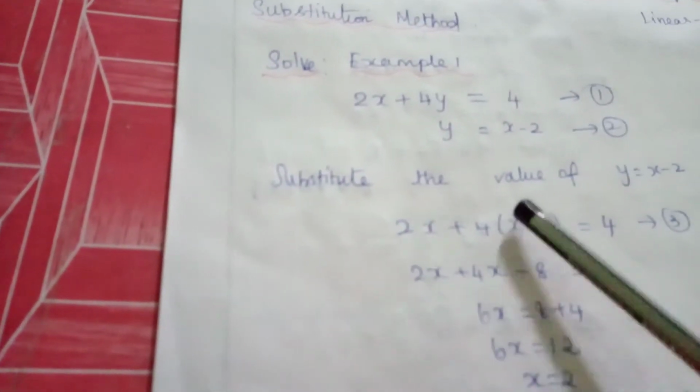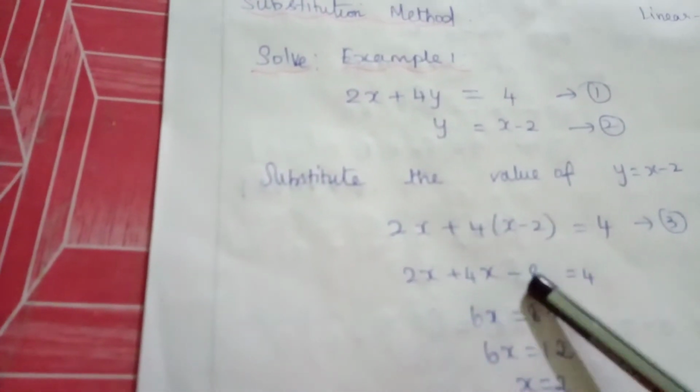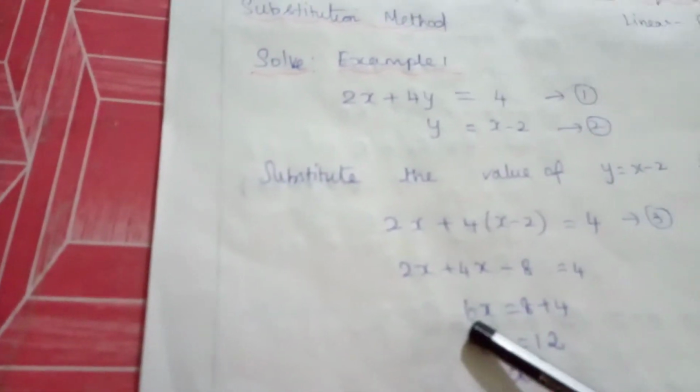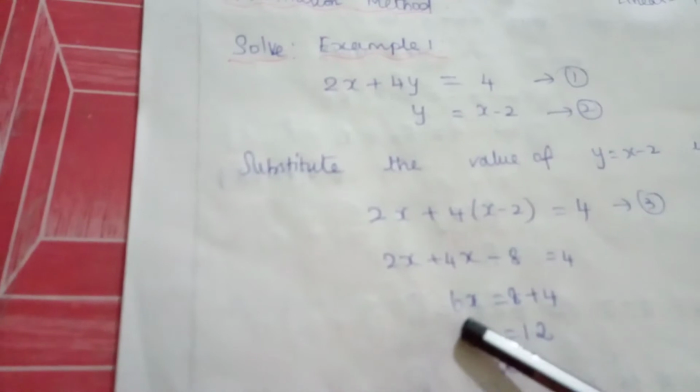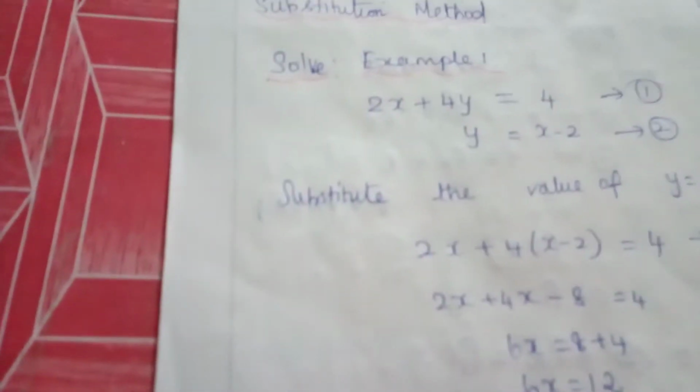Rearranging, 2x plus 4x minus 8 equals 4. 2x plus 4x is 6x. Bringing the 8 to this side, 6x equals 8 plus 4, so 6x equals 12, and x equals 2.